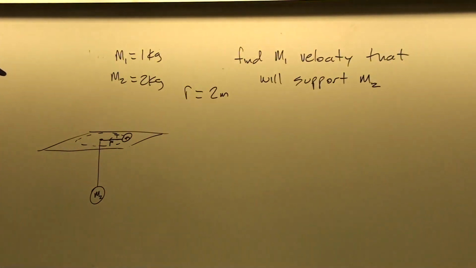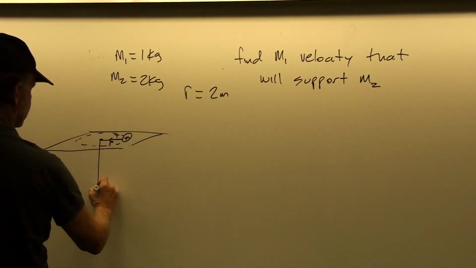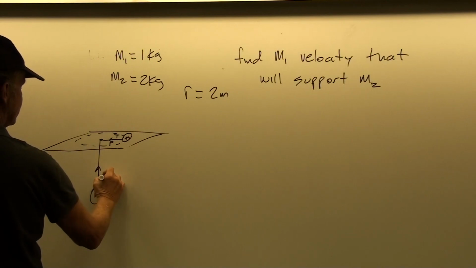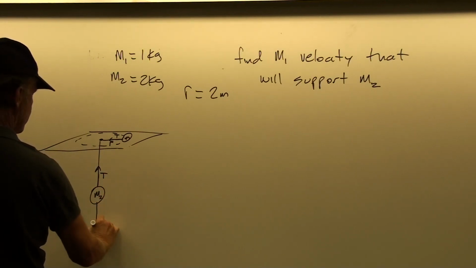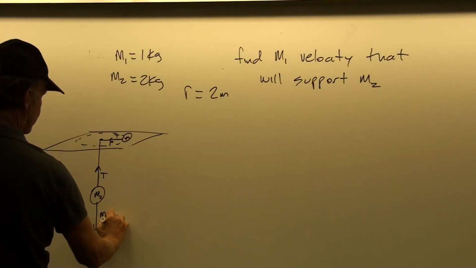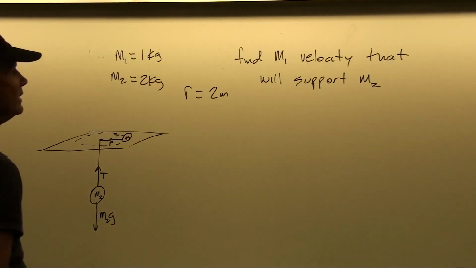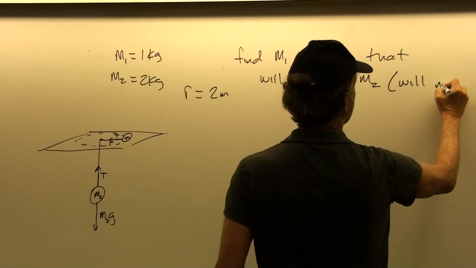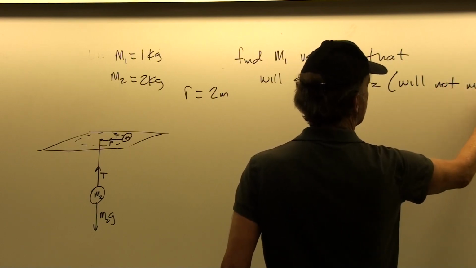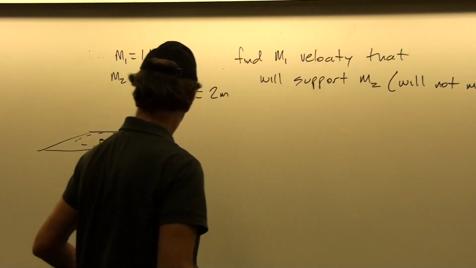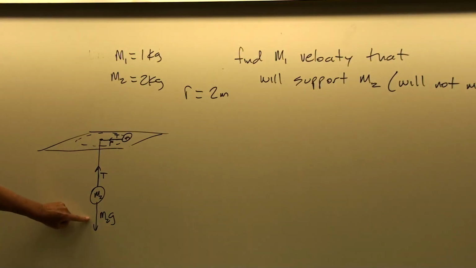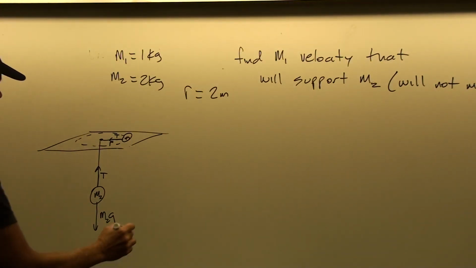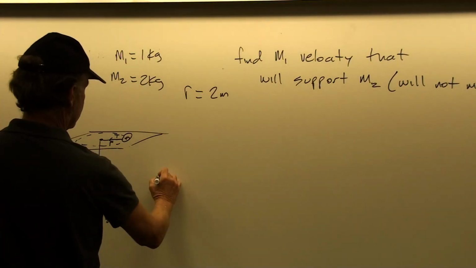Okay, so we actually need two free body diagrams here. But for M2, this is a static equilibrium problem. Because by supporting here, we mean that it will not move. Which then tells us that the sum of the forces on M2 must be equal to 0. So we have a simple equation for M2.